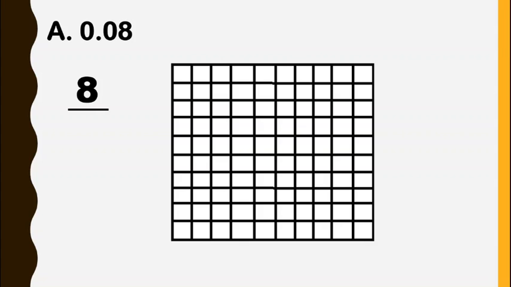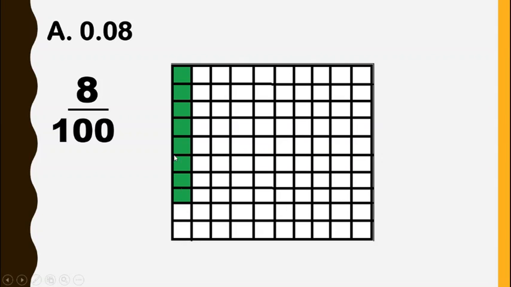So we will put 100 below your whole number part 8. So we got the fraction of 0.08, which is 8 hundredths, or 8 over 100. If we shade, we'll just count 8 in our hundreds grid: 1, 2, 3, 4, 5, 6, 7, 8. So we shade 8 boxes to represent 8 hundredths.